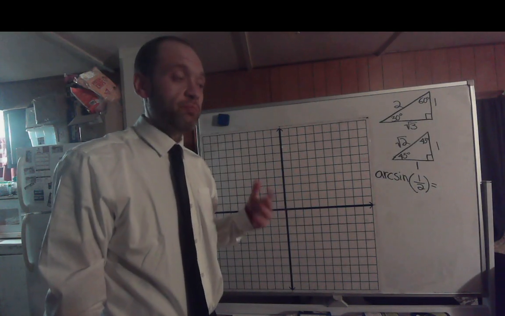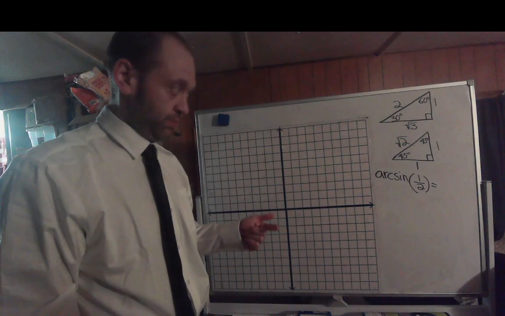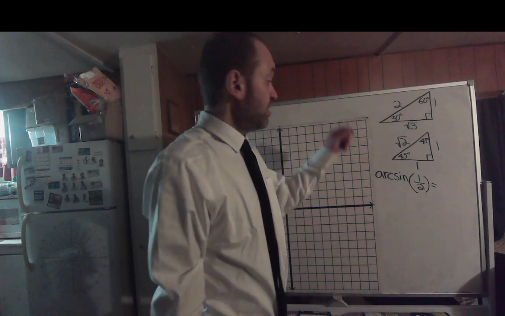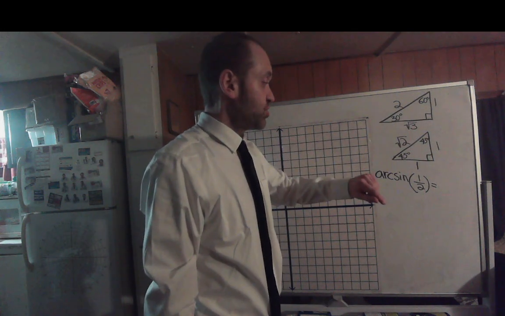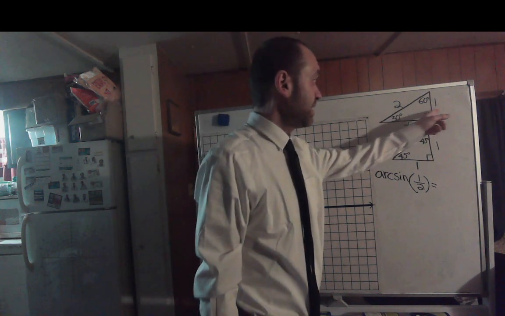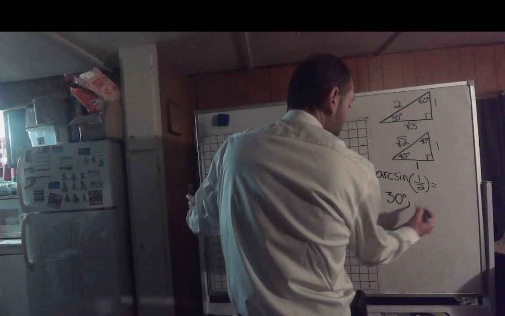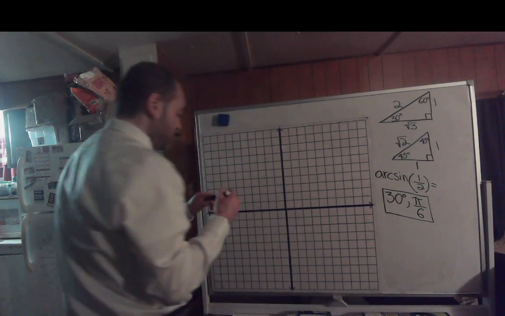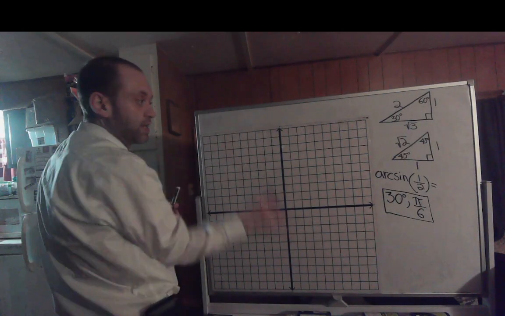It's from -pi over 2 to pi over 2. So if we look at our 30, 60, 90 triangle, the sine of 30 is +1/2. So your answer in degrees would be 30 degrees, or in radians would be pi over 6. So that would be your answer to the arc sine of 1/2, either 30 degrees or pi over 6 radians.